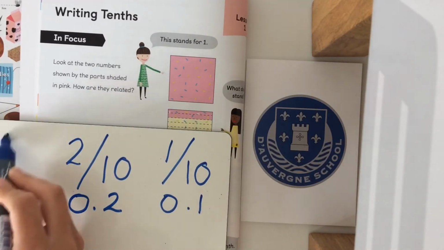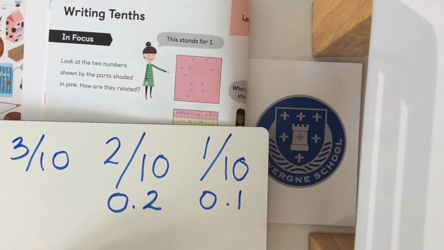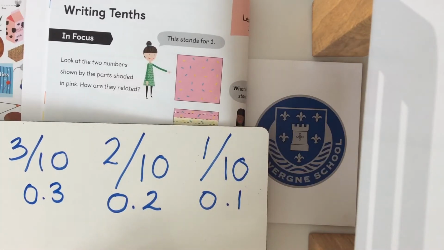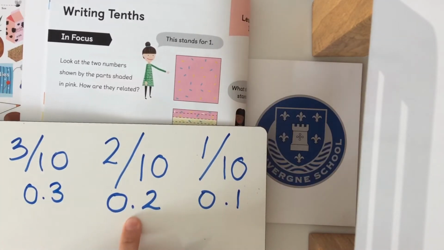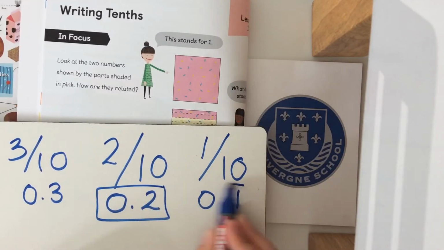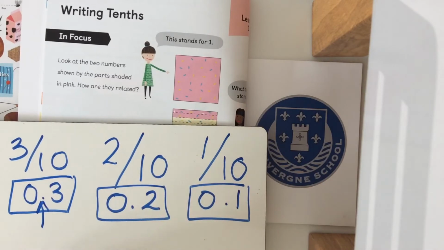So what would 3/10 be? It'd be 0.3. Okay, the dot is called the decimal point because this means we are writing it as a decimal because it has the decimal point.